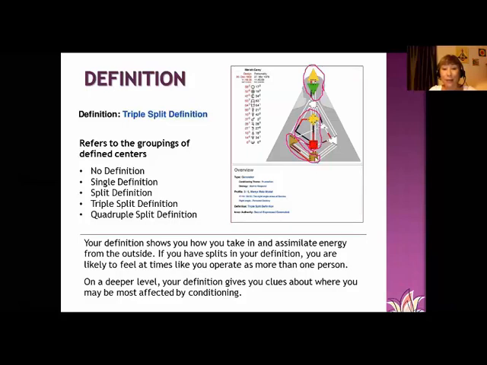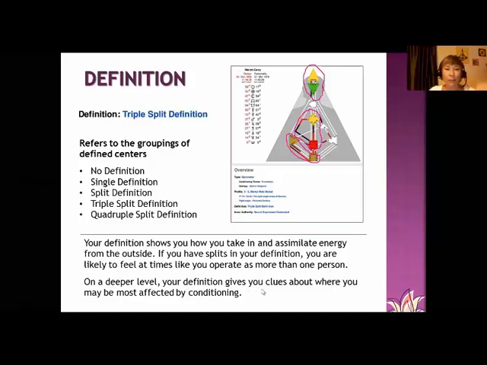And then at other times, she's operating off of adrenaline and instinct. So unless there are people or energies in her environment that can connect the root and the spleen with the sacral and the G and the head and ajna with the sacral and the G, she's not going to feel like there's smooth interaction between all of the energies that she has. So this may actually cause her to reach out for those connections, to try and get those energies that would allow her to feel more connected and more integrated.